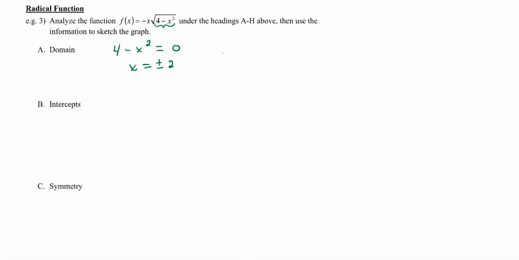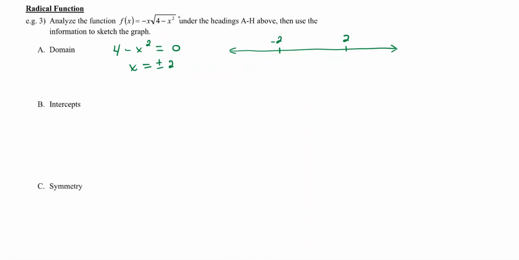So I am going to make a little straighter number line there where we've got negative 2 and 2, right? And then we're just going to look at these different intervals to see where it's positive and where it's negative, right? So let's throw in negative 3.